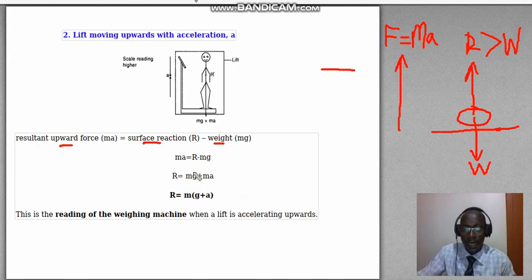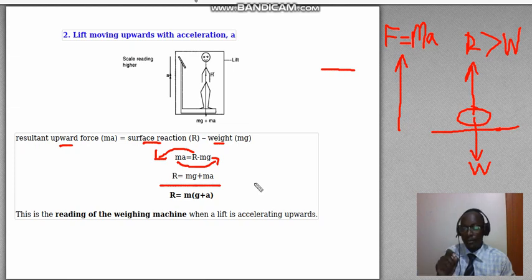And if we make the reaction subject, that means we are taking reaction to this side and ma to this other side here. We are going to arrive at this relation here. So the reaction due to the surface is equal to the actual weight, plus another term, which is the net force.